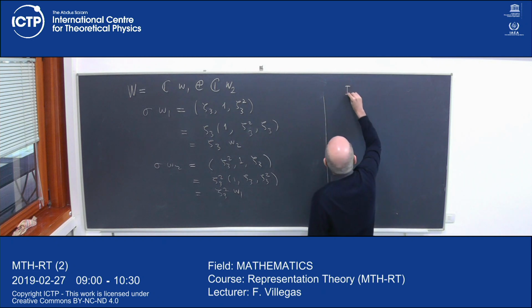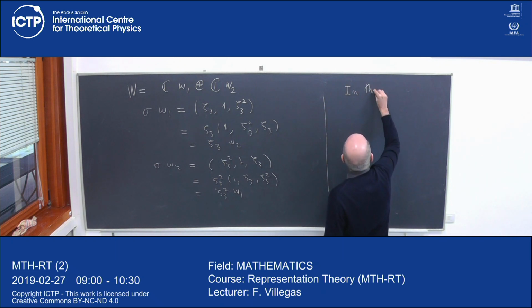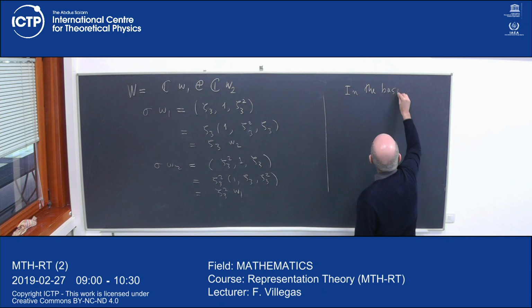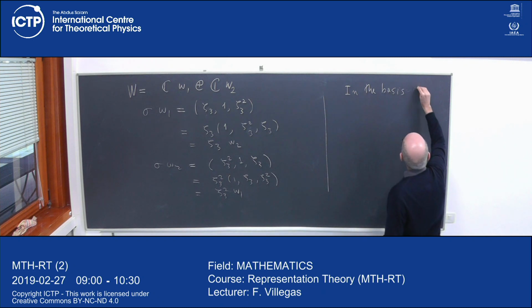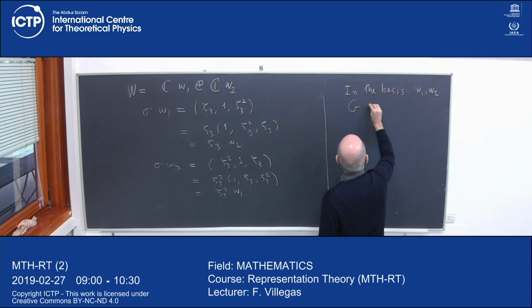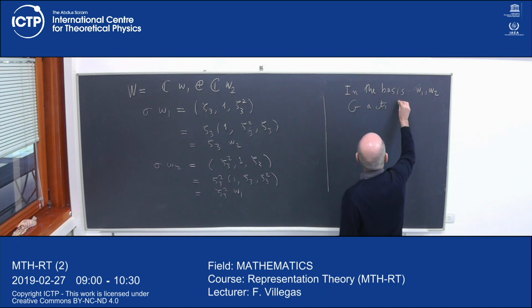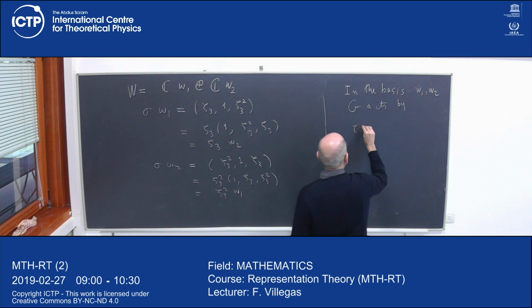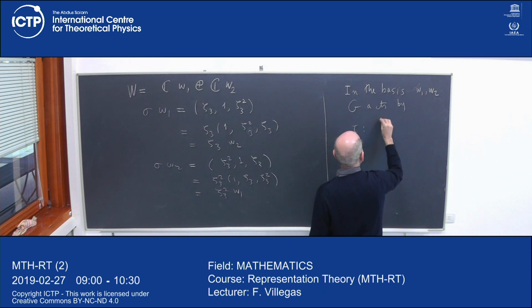So in this basis, given by W1 and W2, G acts by the following. So tau is what matrix?